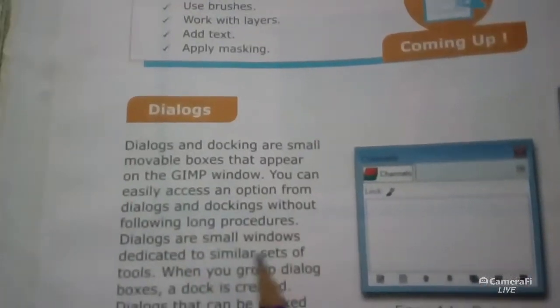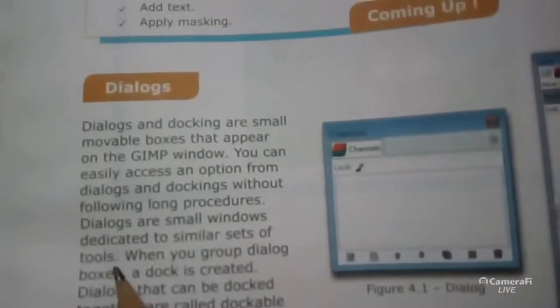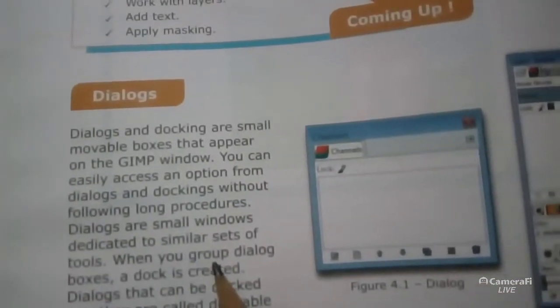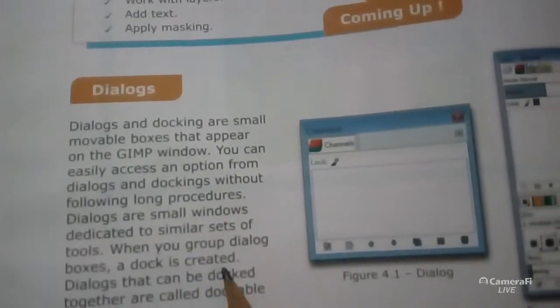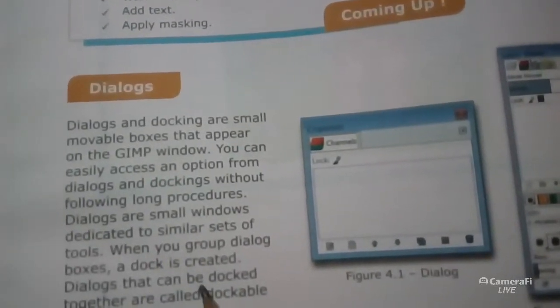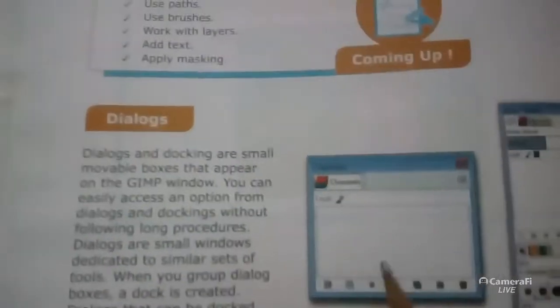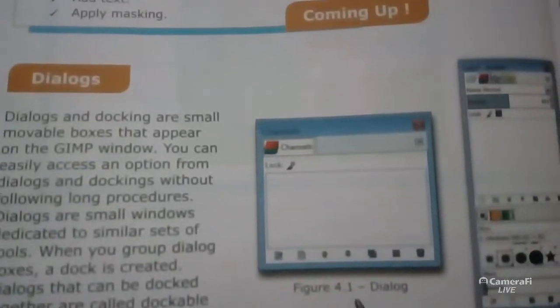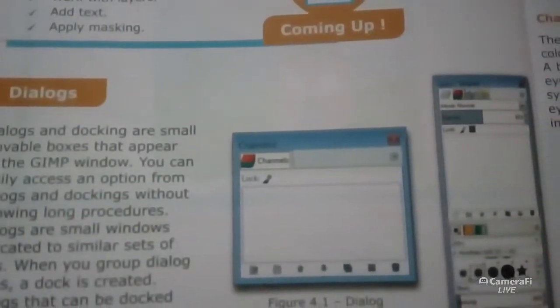Dialogs are small windows dedicated to a similar set of tools. When you group dialog boxes, a dock is created. Dialogs that can be docked together are called dockable dialogs. That means different types of dialog boxes you can find in the docking.